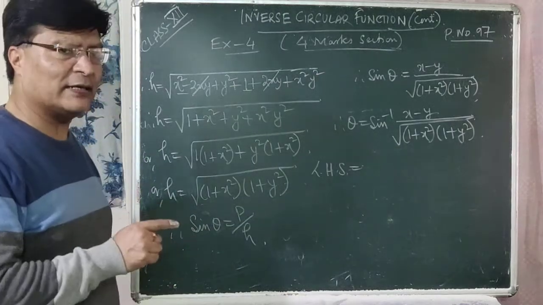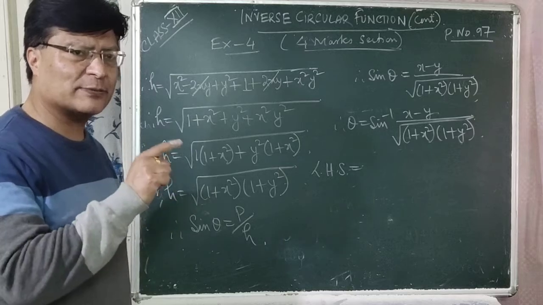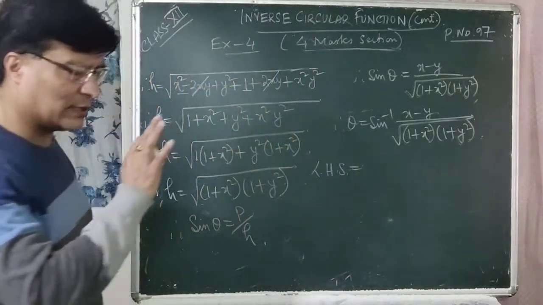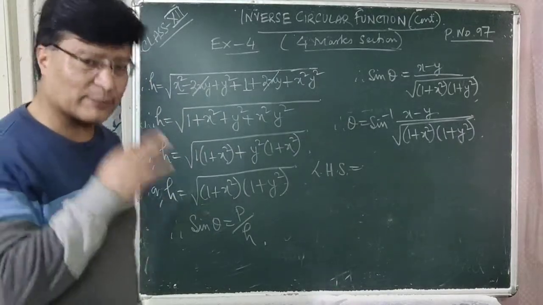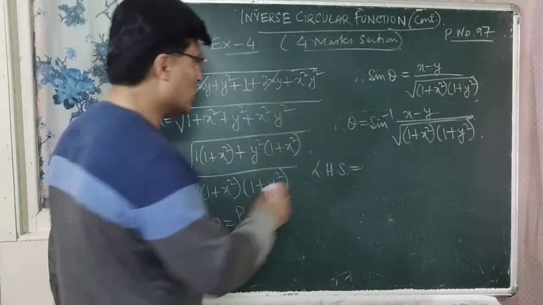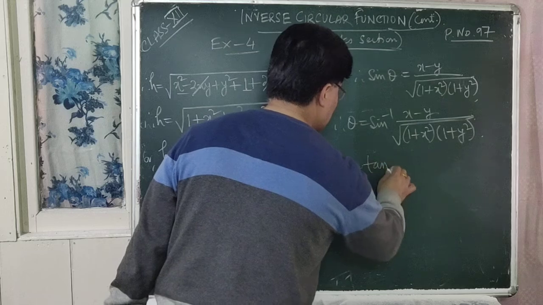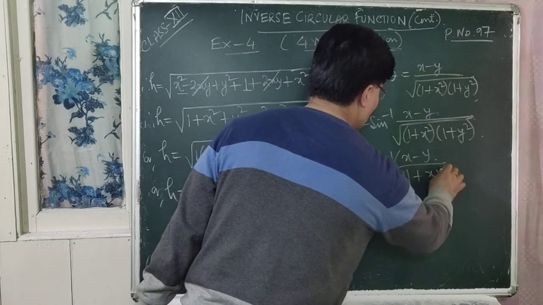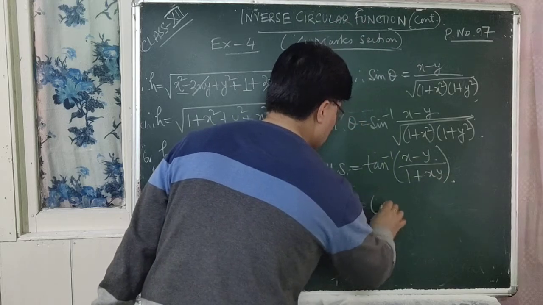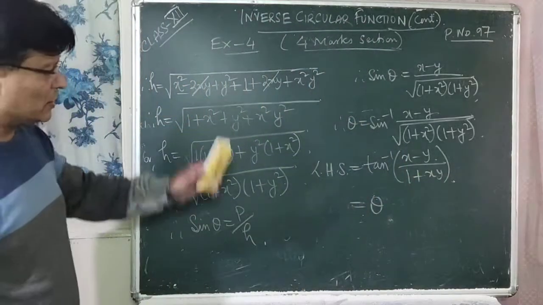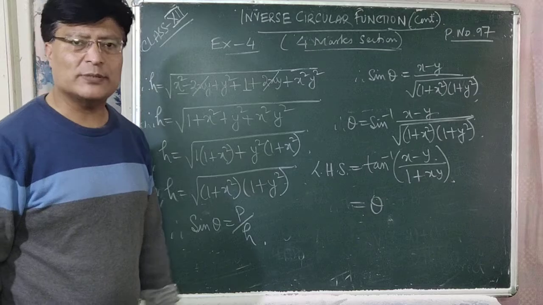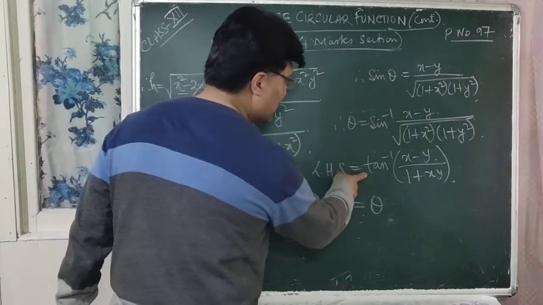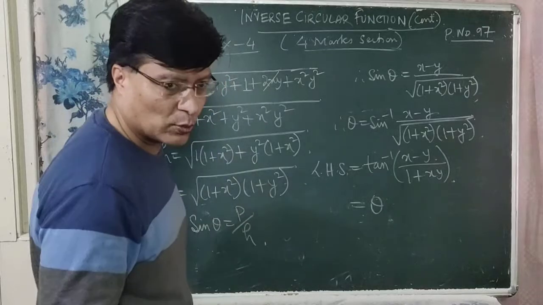We had simplified it as tan inverse of (x minus y) upon (1 plus xy), right? So the left hand side is equal to tan inverse of (x minus y) upon (1 plus xy), which is equal to theta that was assumed. This inverse circular function was assumed as theta. Now what is the value of theta? It is sine inverse. So this tan inverse and this sine inverse are equal, right?